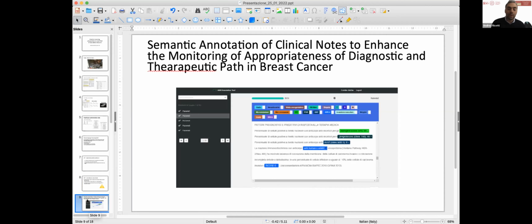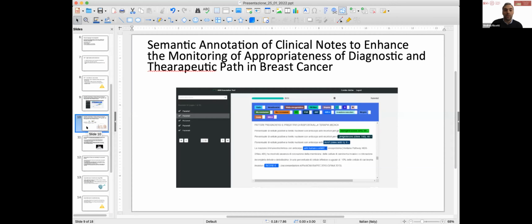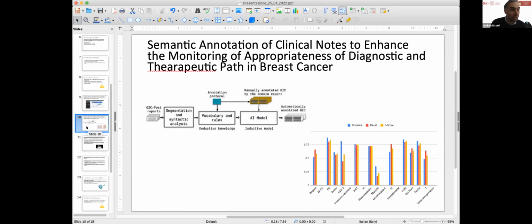Our group tried this type of technique to find semantic annotation from clinical notes, and we extracted unstructured data to join with the information of the healthcare system to analyze the pathway of the patients.